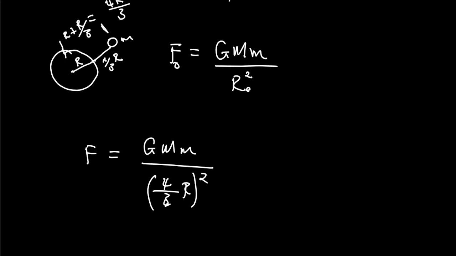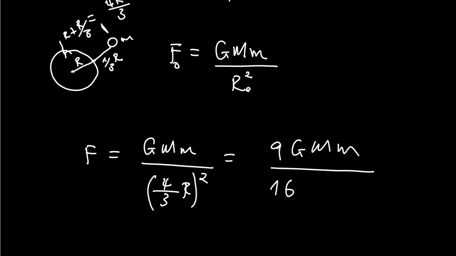And so adjusting this numerically, we get 9 Gm times small m divided by 16 r e squared. And so this expression is F naught. And so we get it to be 9 divided by 16 F naught.